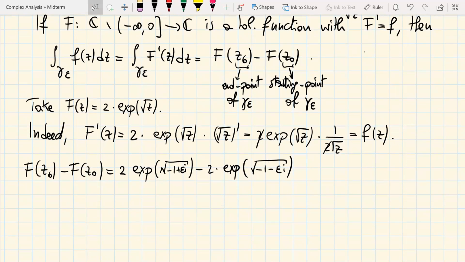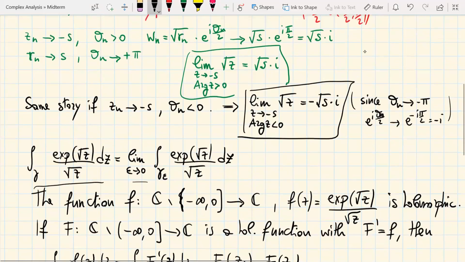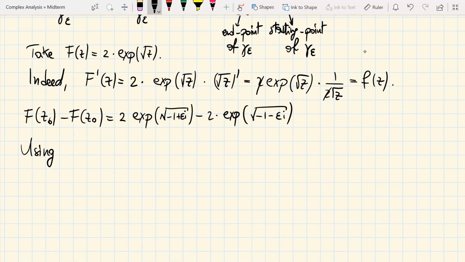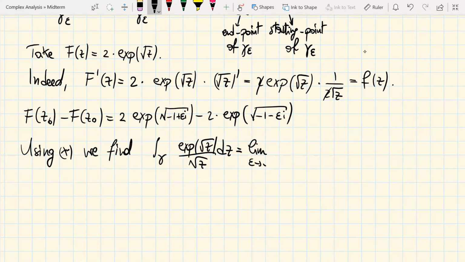So let's call this equation star. So using star, we find the integral you have to compute is equal to the limit as epsilon goes to 0 of 2 times the exponential of square root of minus 1 plus epsilon I, minus the exponential of square root of minus 1 minus epsilon I.